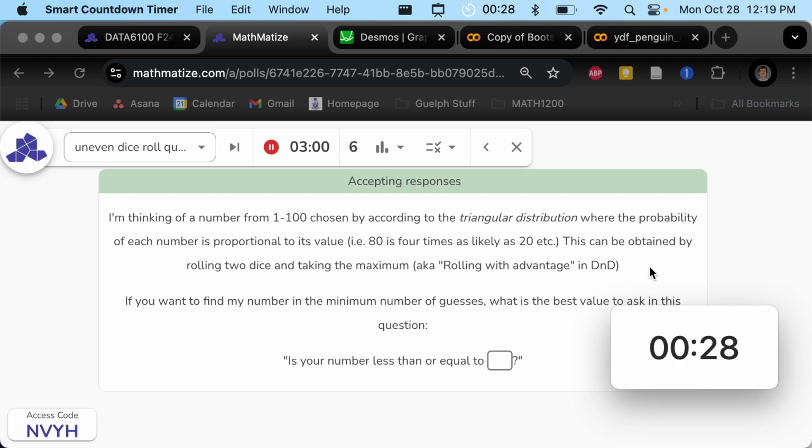If you know how to calculate it, go calculate. If you don't, pick at random or pick whatever you think is most likely, and we'll see where people end up.